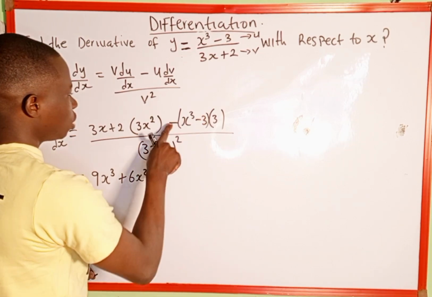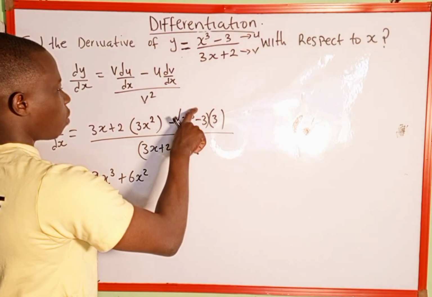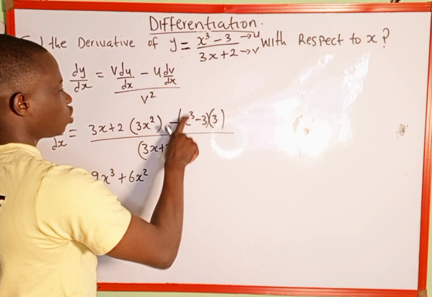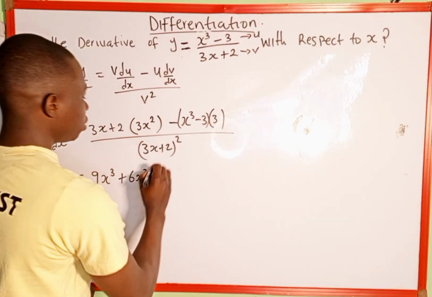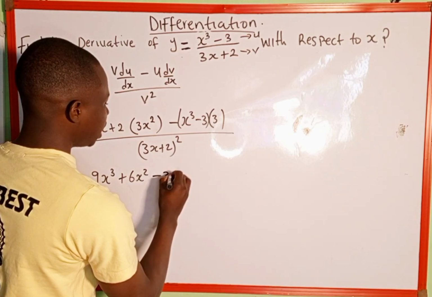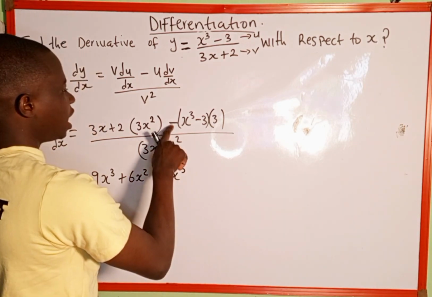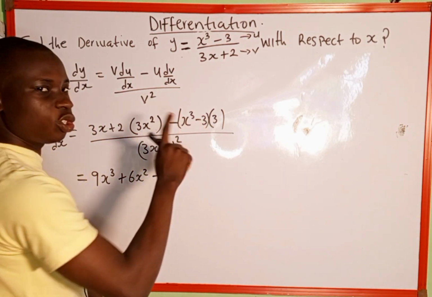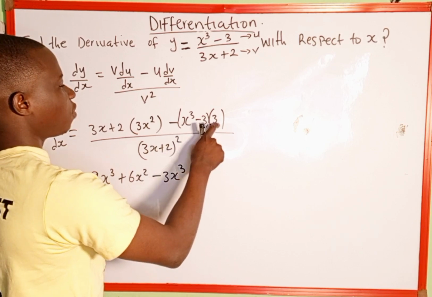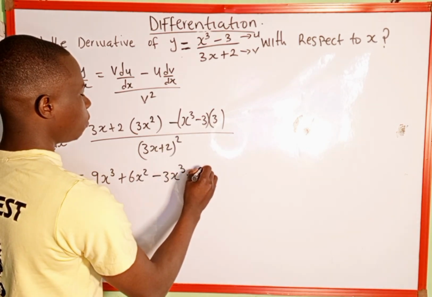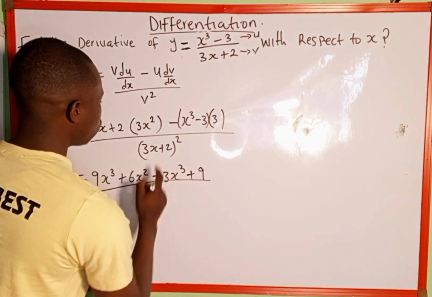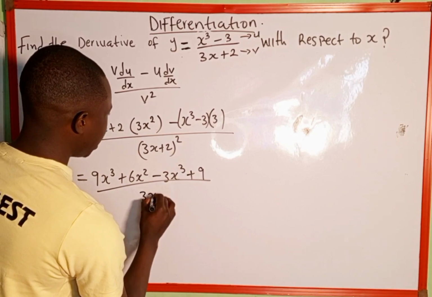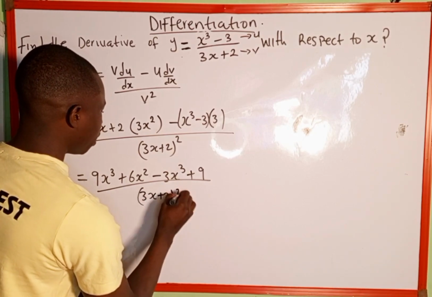So this is going to be: negative multiplied by x to power 3 gives us negative x to power 3. Then multiplied by 3 gives us negative 3x to power 3. The negative multiplied by negative 3 gives us positive 3, and positive 3 multiplied by 3 gives us a positive 9. Then everything all over 3x plus 2 raised to the power of 2.